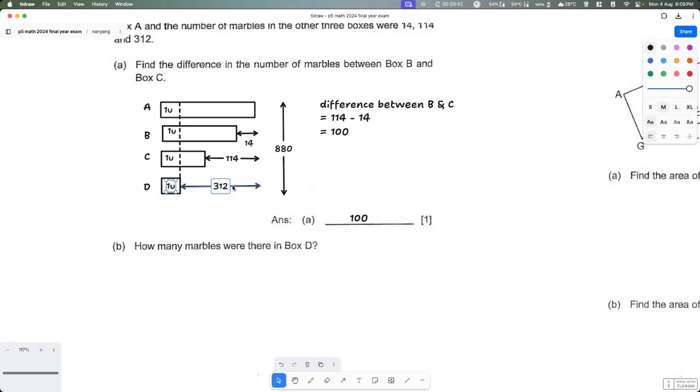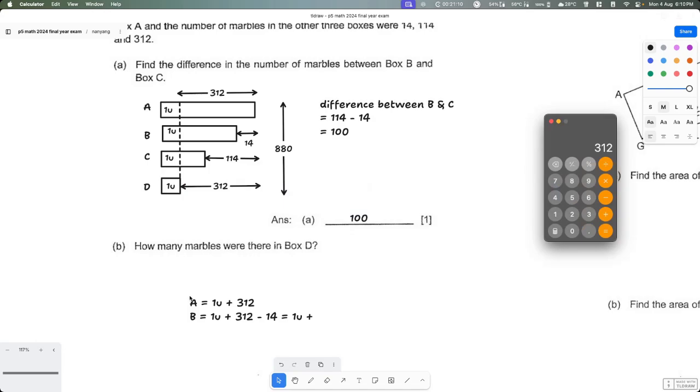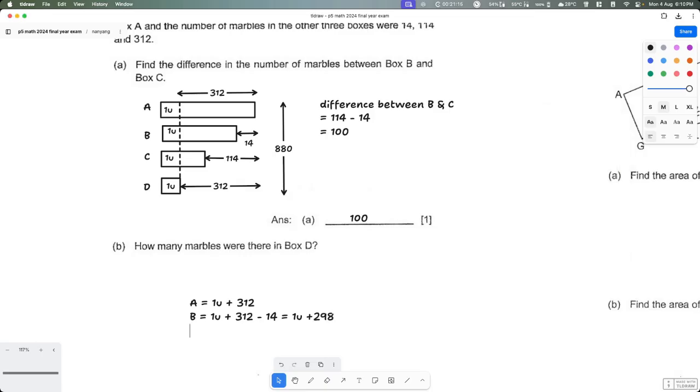We know that A is 1 unit plus 312. What about B? B is 1 unit plus 312, but minus 14. So 312 minus 14 gives us 298. What about C?